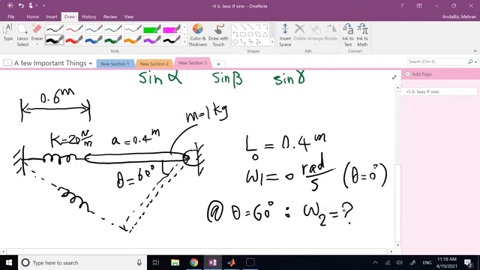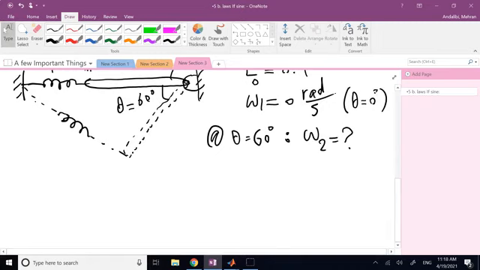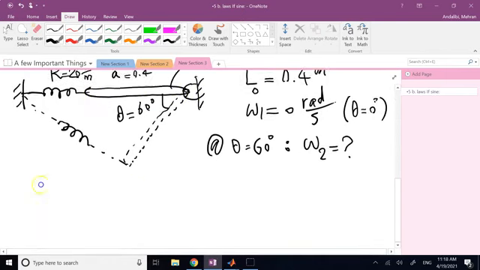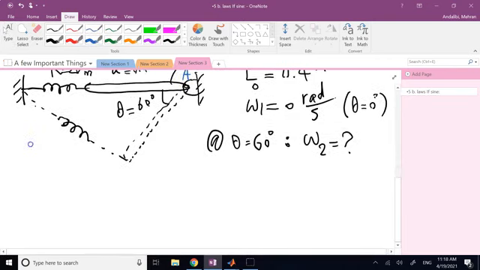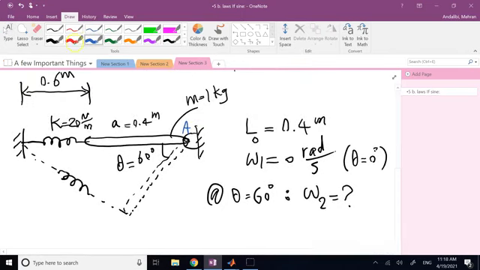Okay? And if you use the work energy method, which was requested in the problem, you have to say that the total work done on the pendulum between position 1 and 2 is equal to the change in its kinetic energy. So, for example, if I call this point A, then the total work here, there are how many forces on this object?